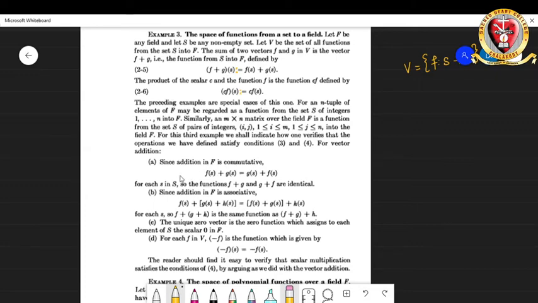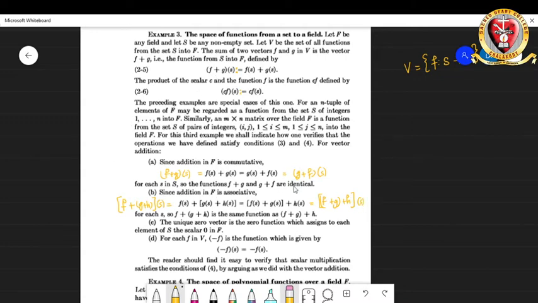So what is this? This is nothing but (f plus g)(s). This is equal to g(s) plus f(s), right? So here (f plus g) plus h of s is nothing but f plus (g plus h) of s.